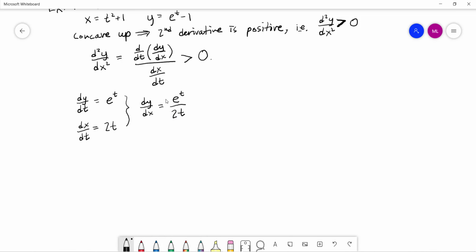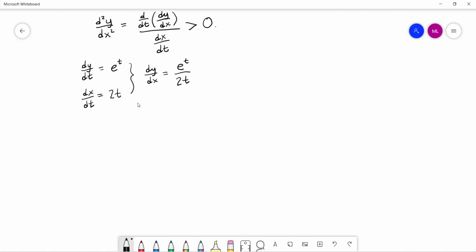I have this portion now. To get the second derivative, I need to take the derivative of this result and then divide by dx dt, which we already found. So what we have now is that the second derivative is equal to d dt of the first derivative that we just found, e to the t over 2t.